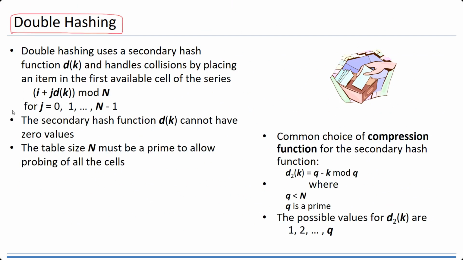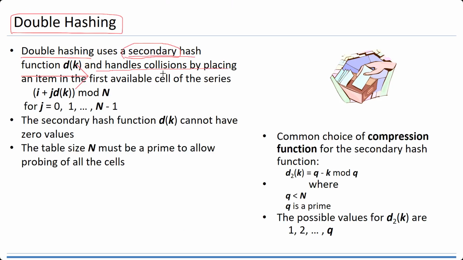So the double hashing. We call it double because we have a secondary hash function. It is not the first, but the second, or secondary, hash function. We call it d(k).